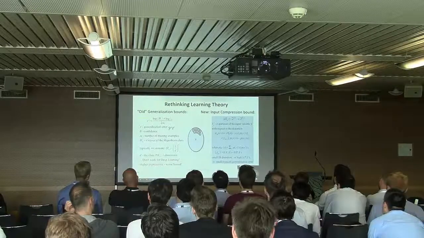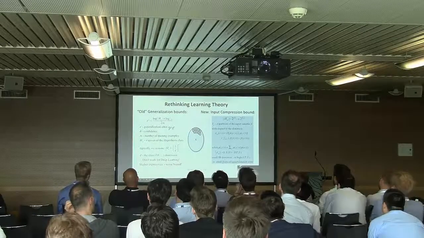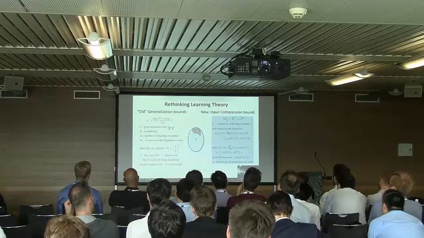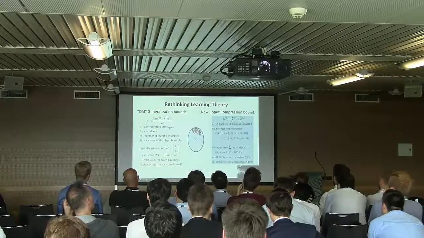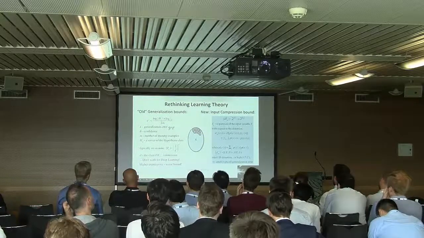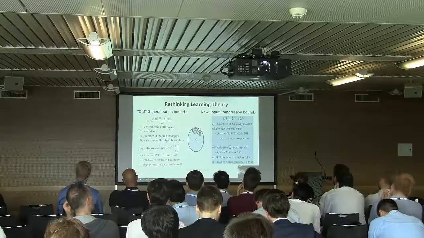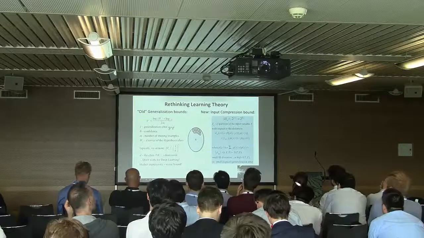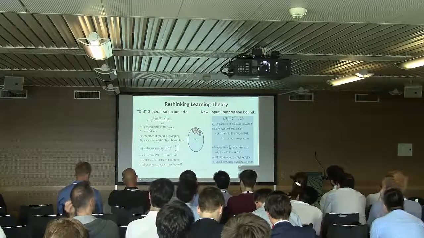Now, the point is that these types of bounds, as I said already, don't work for deep learning, because any reasonable estimate of the dimension of the network is of the order of the number of weights, or let's say the square root of the number of weights if you're talking about CNNs or things like this, and this is still way too high.